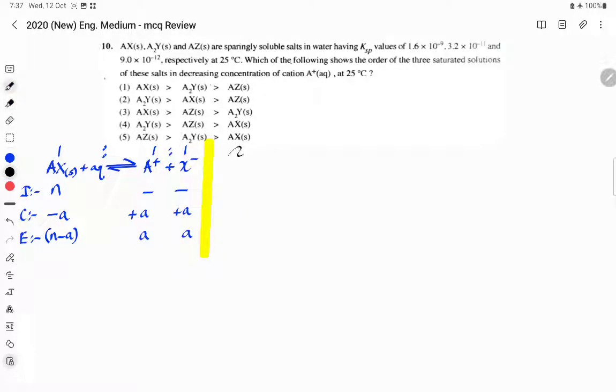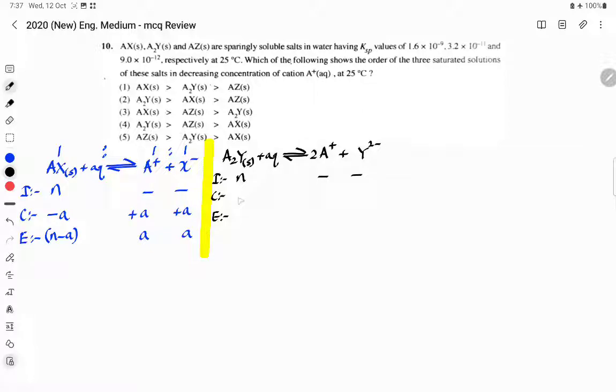That will be A2Y. A2Y is a 3-ion system. When it gets dissolved in water to form a saturated solution, it will form A+ cations and Y2- anions. To balance it, we have to put 2A+ here. If we write the ICE method, let's say the initial amount is the same n here.